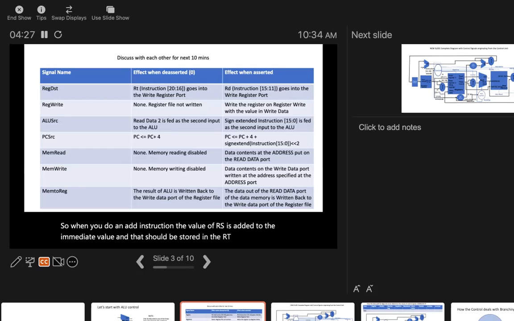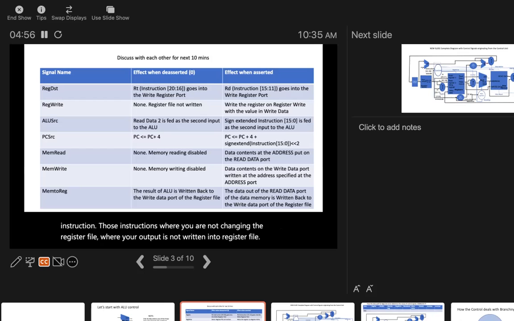It is stored in the RT register, so RegWrite is equal to 1. So it matters what RegWrite should be. It cannot be don't care. It will be don't care only for the store word instruction, those instructions where you are not changing the register file, where your output is not written into the register file.